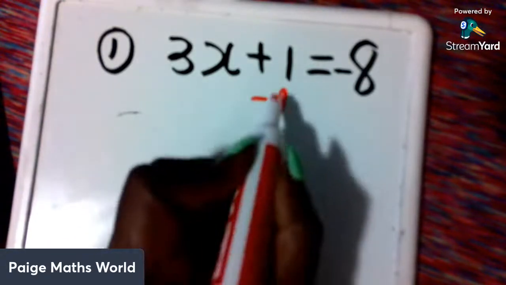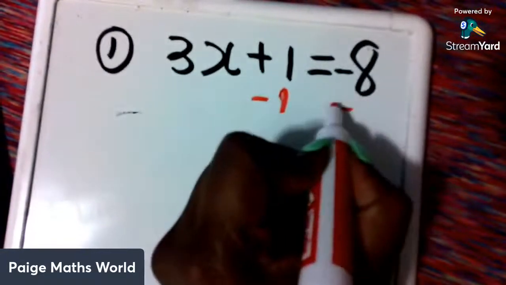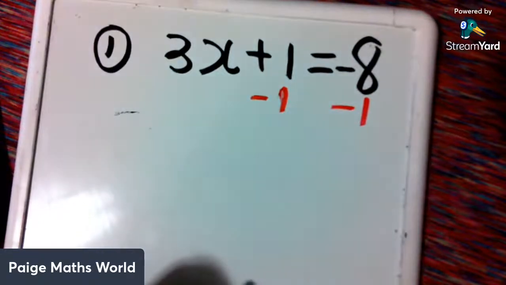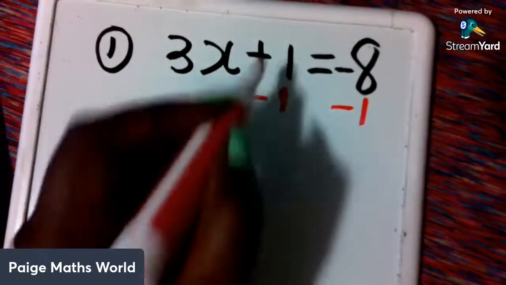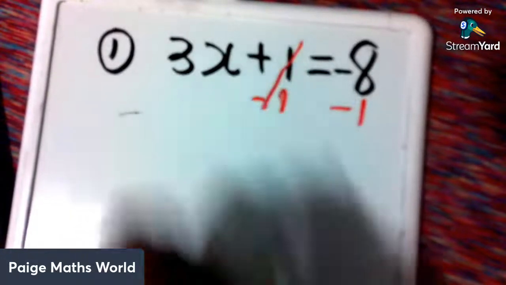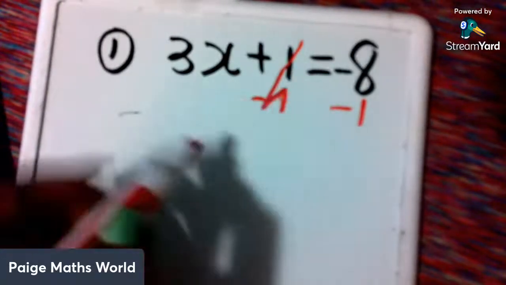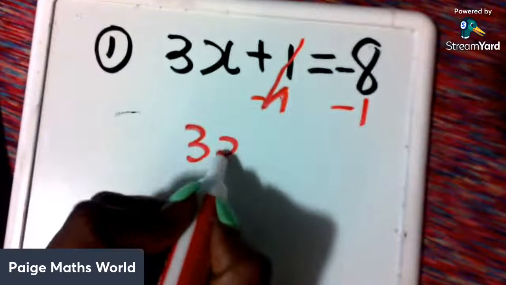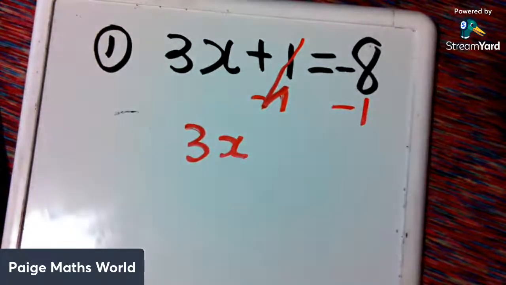And remember, if you take away 1 from this side, you have to do it to the next side. All right? And so 1 minus 1 is 0. That's gone. So the only thing that is left here is 3x. Do you understand that part of it? Do you get that part of it, Keisha? Raymond?